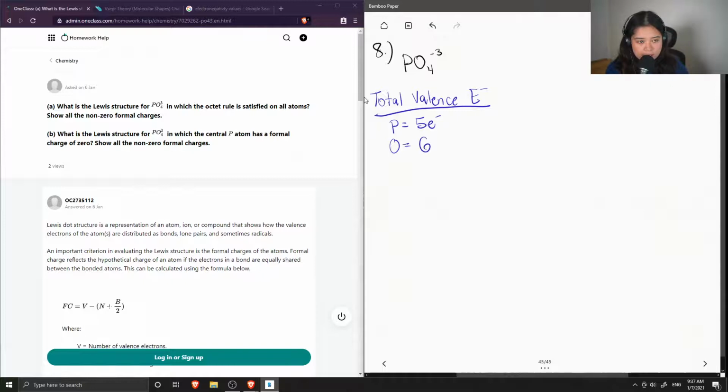Oxygen has 6. And there are 4 oxygens, so we multiply 6 by 4. And there's also a minus 3 charge, so we add an additional 3 electrons. So this gives us a total of 32.